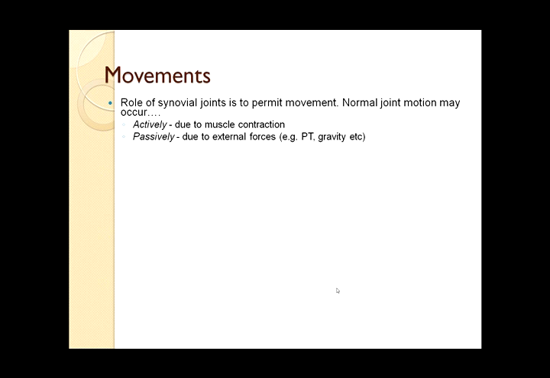The role of joints is to permit movement. Joint movement may be active, for example, as a result of primary muscle action, or a joint may move passively as a result of external forces, for example, the therapist taking hold of a joint and flexing or extending it, or gravity drawing the elbow towards extension.